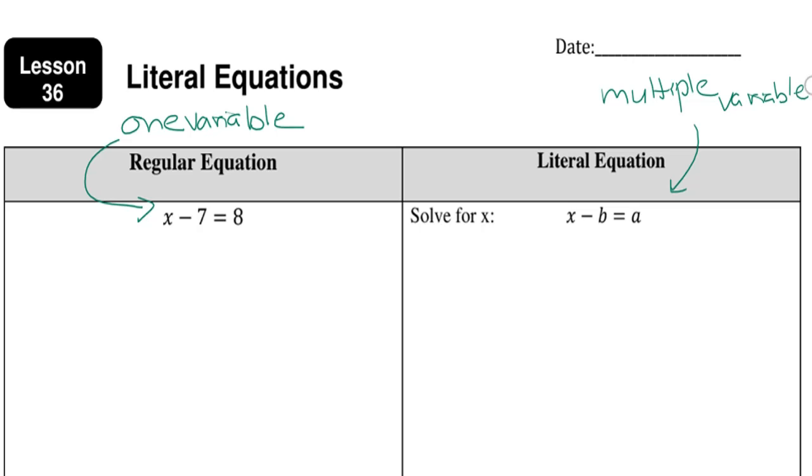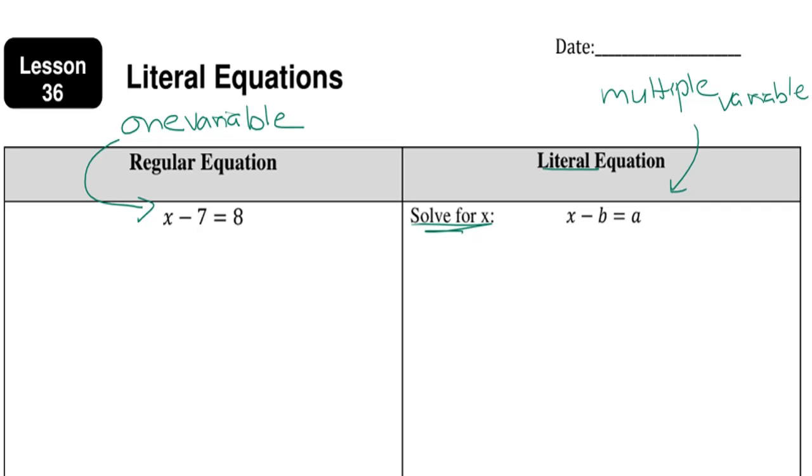Again, imagine the word literal and think about it as like letters, right? You read literature, it has letters in it, right? So a literal equation is going to have multiple variables. But I have to specifically explain and tell you which one to solve for. So this is going to be different, and you'll notice this phrase solve for on each of the ones on this page. But let's start with this one.